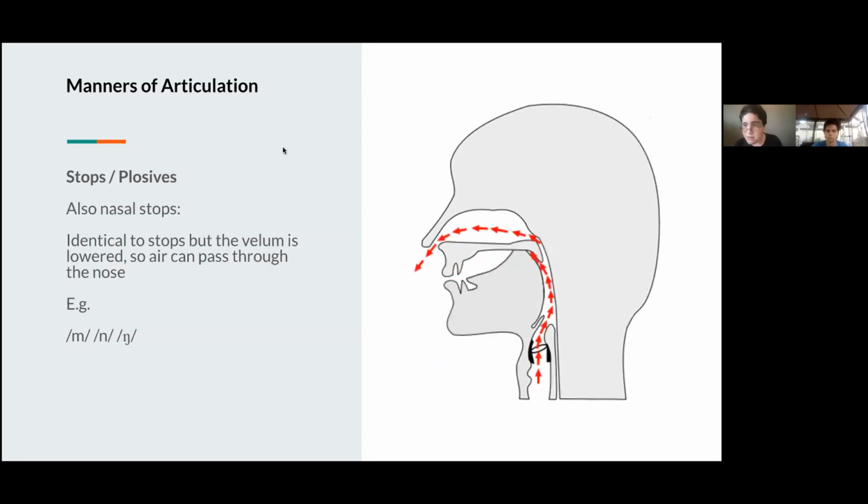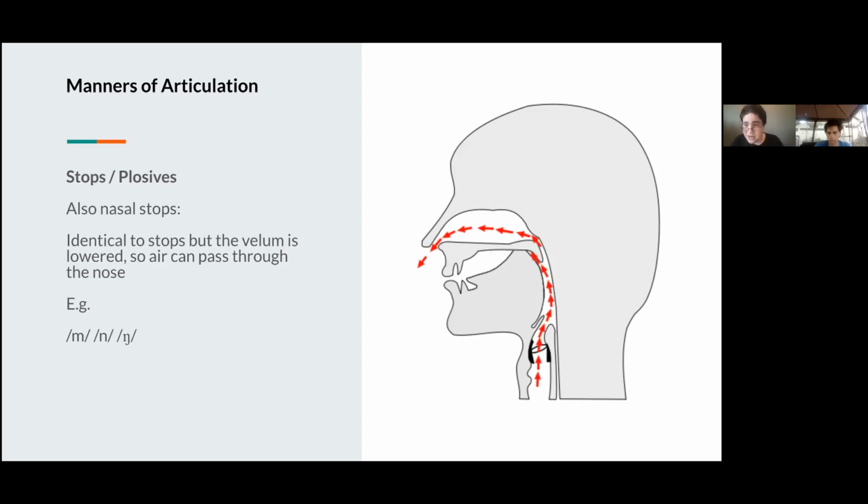There are also nasal stops, which are a subset of stops or plosives. They're identical to stops, but the velum is lowered so that air can pass through your nose. Some examples are m, n, and ng. This last n with a little tail is the ng sound, usually written in English as ng.